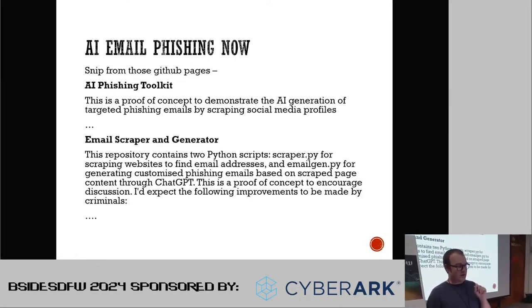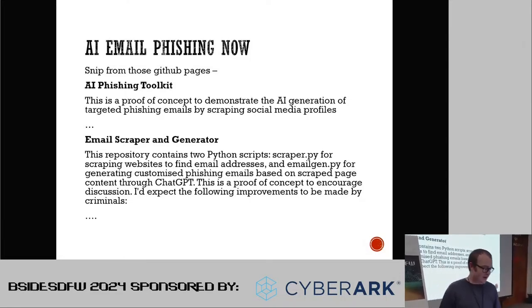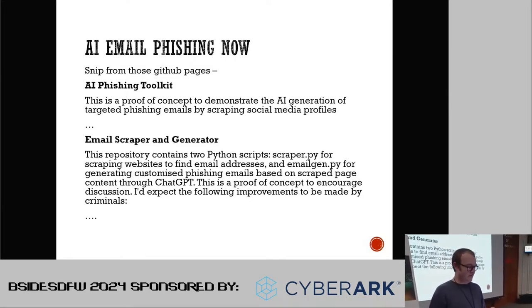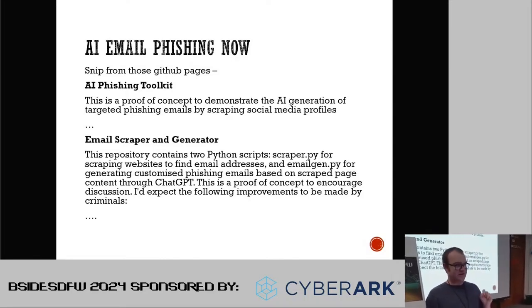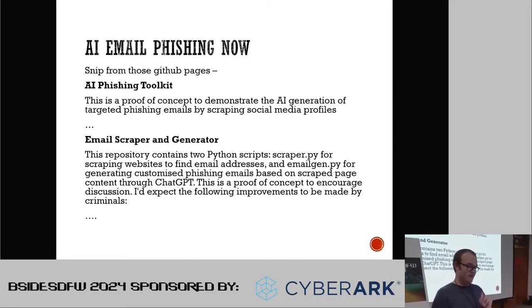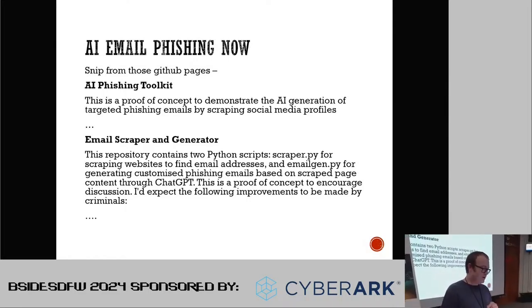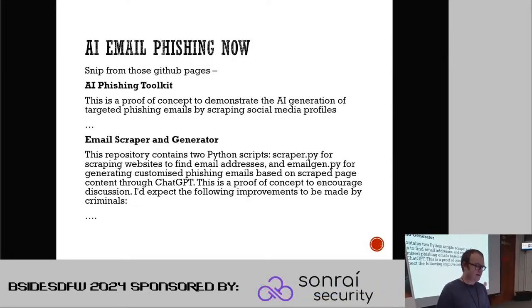Just a little snip from the comments on those two AI email phishing tools was in the AI phishing toolkit. This is a proof of concept to demonstrate AI generation of targeted phishing emails by scraping social media profiles. So that is LinkedIn, your Twitter, all that good stuff, or X. That way you can target a specific user using their own social media against them.